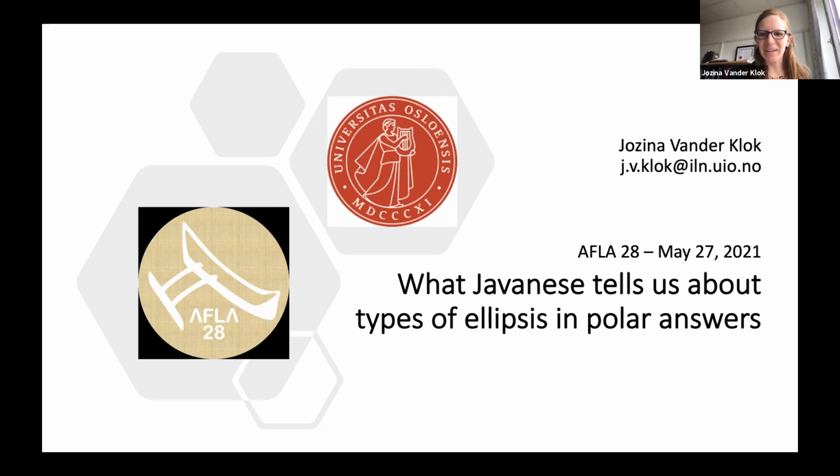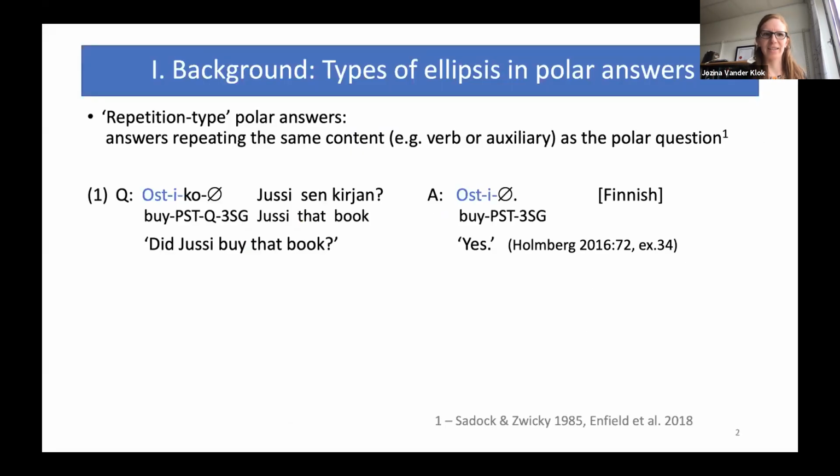Okay, let's go to types of ellipsis in polar answers now. All right. So the background of this talk is looking at what Javanese can tell us about types of ellipsis in polar answers.